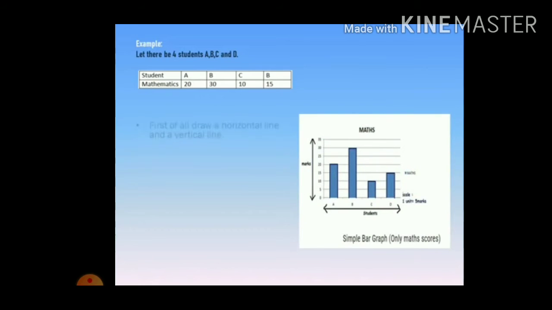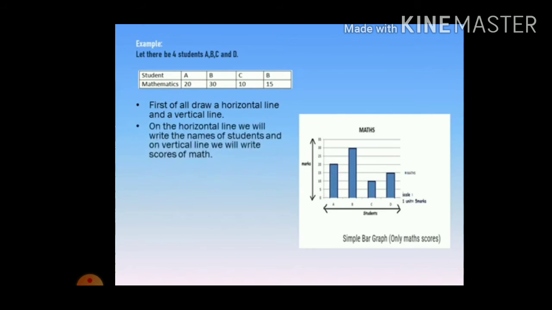In this, firstly we'll draw all the horizontal lines and a vertical line. Secondly, on the horizontal line we will write the names of students, and on the vertical line we'll write the score of maths.